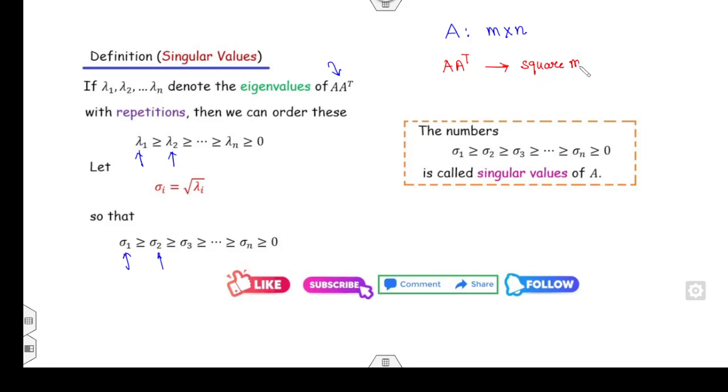Once you have the square matrix, only then can you find the eigenvalues. And in the previous result we have seen that A into A transpose and A transpose into A have the same non-zero eigenvalues.